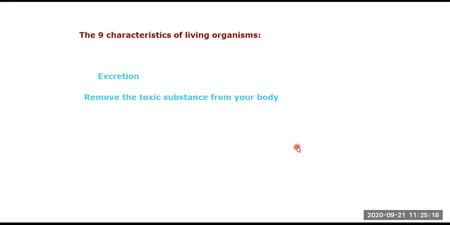We excrete urine and also feces. Feces is the solid waste from our body, and urine is the liquid waste. And we also exhale carbon dioxide, which is a form of gaseous waste.